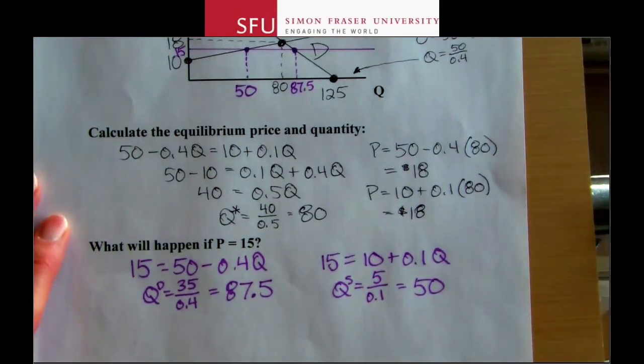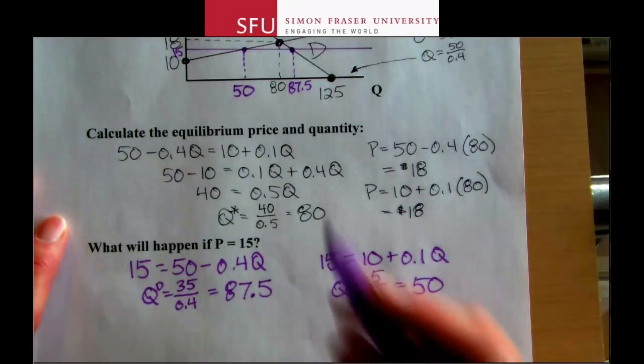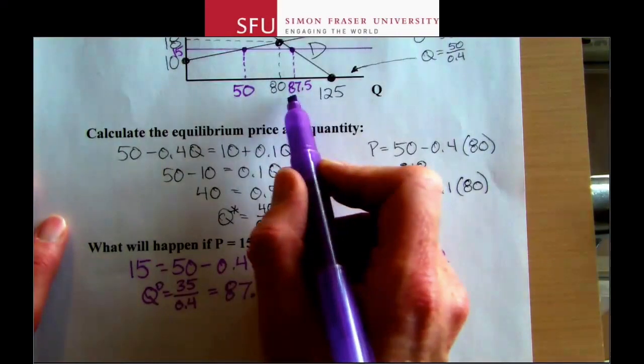And then you can finish the answer by saying that there'll be a shortage. So that'll be a shortage of the difference there, a shortage of 37.5.